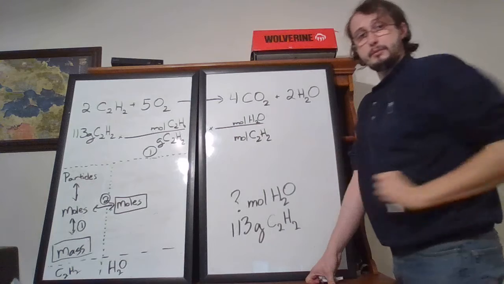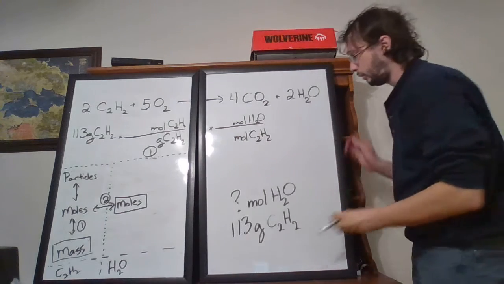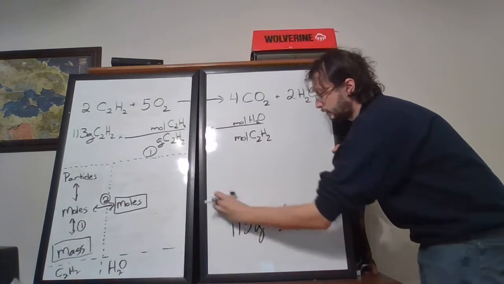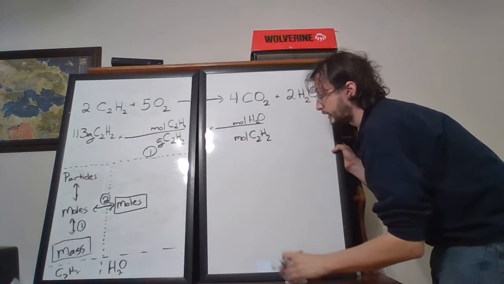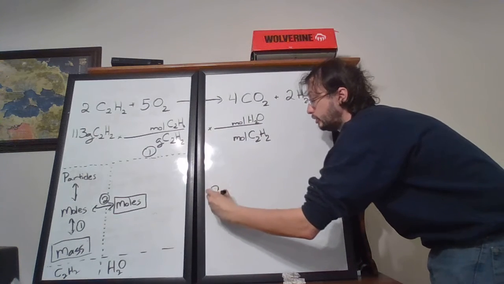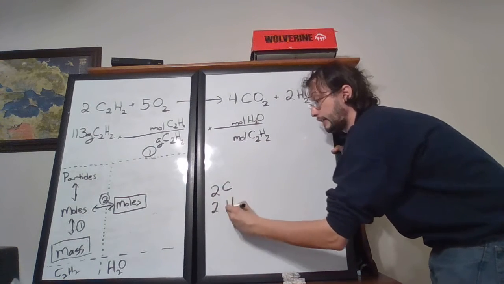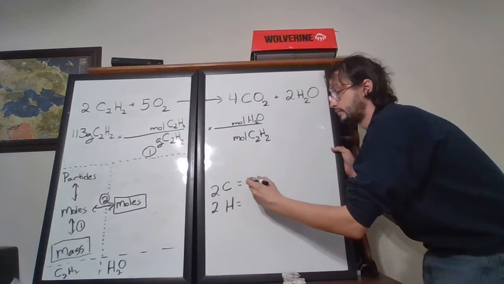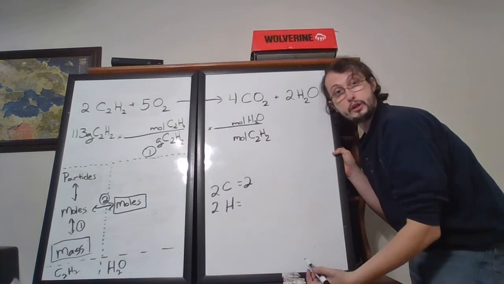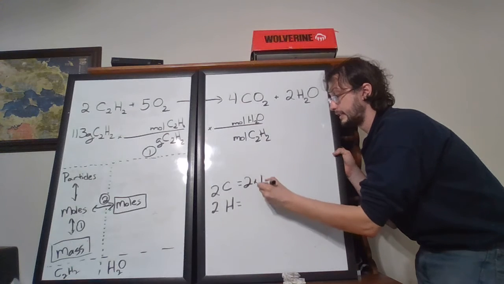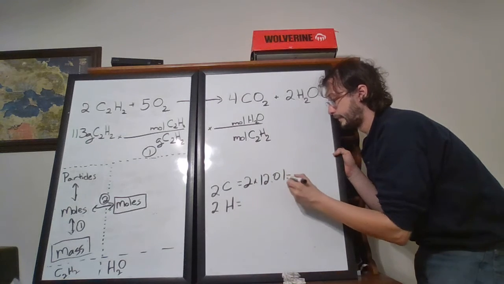And when we're going between grams and moles, that is a molar mass problem, so I'll work out how to calculate the molar mass over here. Remember, for the molar mass, we look at the periodic table. We've got 2 carbons and 2 hydrogens. So we look at the molar mass of carbon on the periodic table, that's the average atomic mass, and we see it's 12.01.